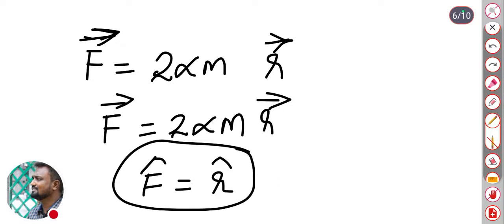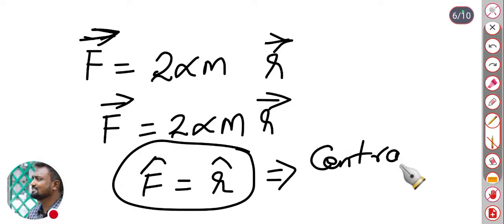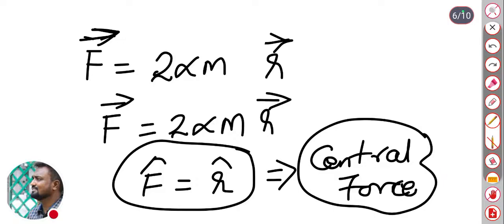If it is in the direction of r cap, it is known as a central force system. We can simply say the motion of the particle follows the rule of central forces.